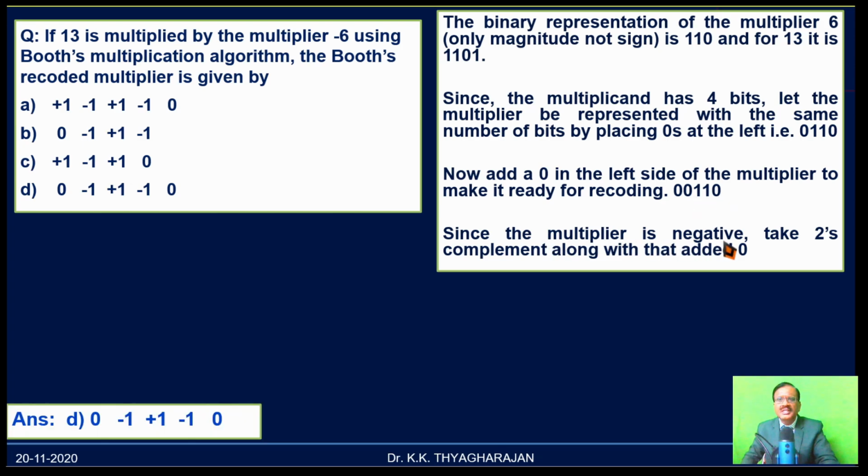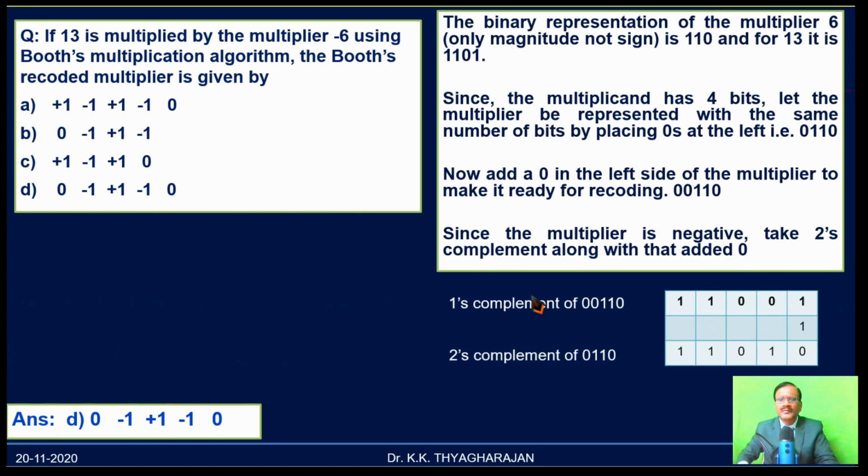Since the multiplier is negative, take 2's complement along with that added 0. That is, you have to take 2's complement for 0, 0, 1, 1, 0. To take 2's complement of this number, first you take 1's complement. So this is the 1's complement.